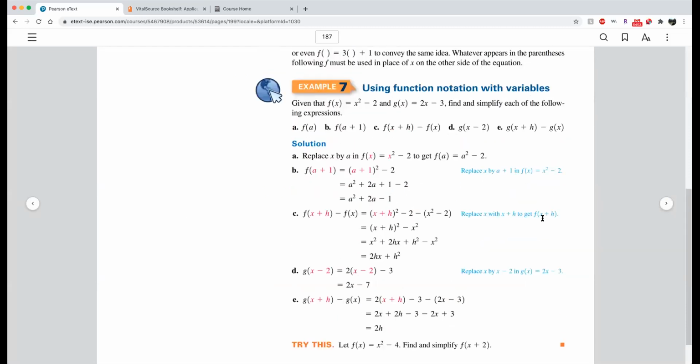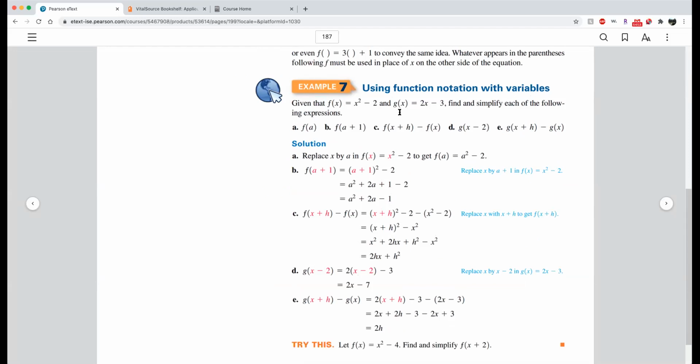The last time I couldn't finish example 7, right? So now let's figure out parts D and E. What's g of x minus 2?